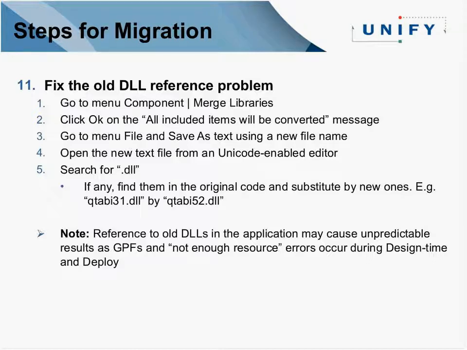For some reason, it wasn't migrated correctly, or you were probably using quick objects and you had hard-coded the name of the quick object DLL into your attribute inspector. There are a few reasons why this may happen. So just go ahead, look into your outline, find this old reference and replace it with the new one.